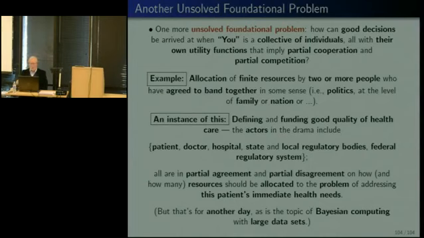The one that I work with all the time in my work with Kaiser is one that I've mentioned before out loud, I think. Defining and funding good quality of health care. The actors in the drama are at many levels: patient, doctor, hospital, state regulatory body, local regulatory body, federal regulatory body. And all of these people are in partial agreement and partial disagreement on how and how many resources should be allocated to the problem of addressing this particular patient's immediate health needs.